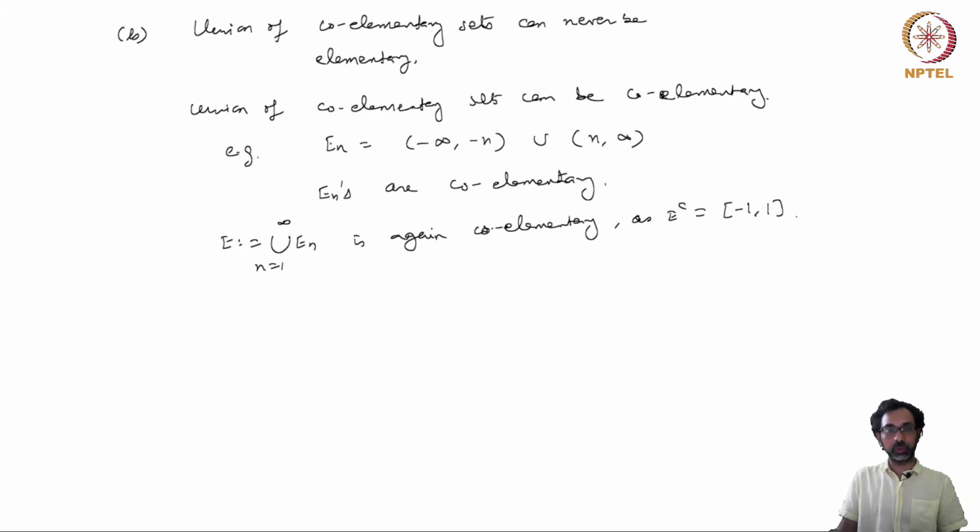So the complement is elementary, so it is co-elementary. So we see that a union of co-elementary sets can never be elementary, but it can be co-elementary.